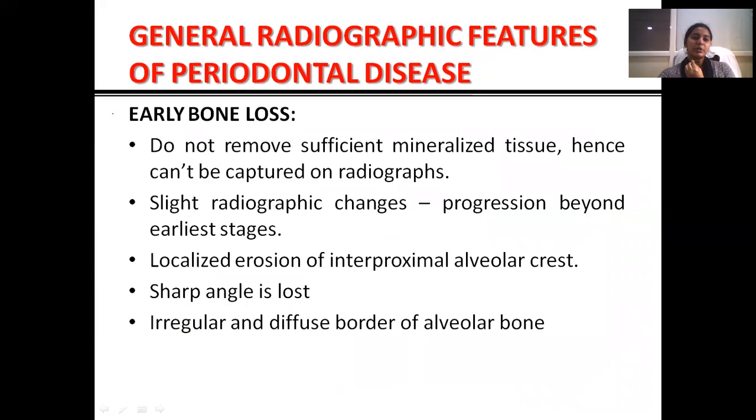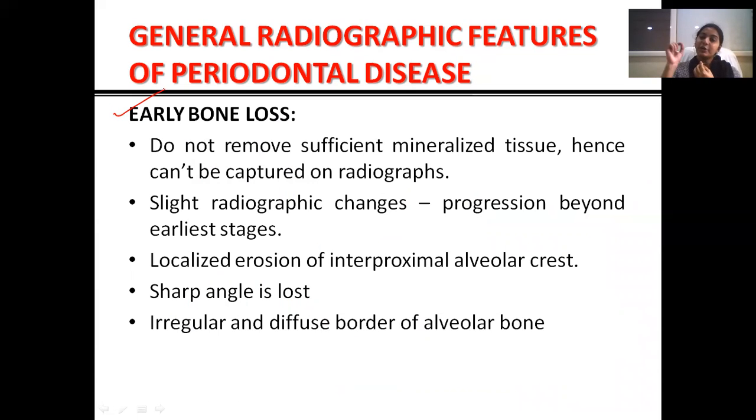Okay, so now we will talk about early bone loss. Does early bone loss appear on radiographs? No, early bone loss does not appear on the radiographs. So when the bone loss is just starting, sufficient mineralized tissue or sufficient calcified tissue is not removed at that stage. So we cannot appreciate early bone loss on radiographs.